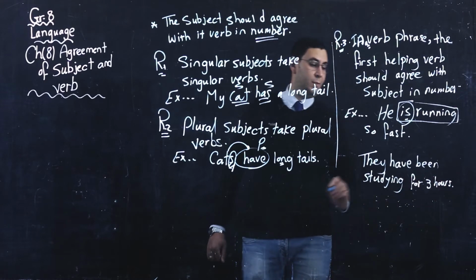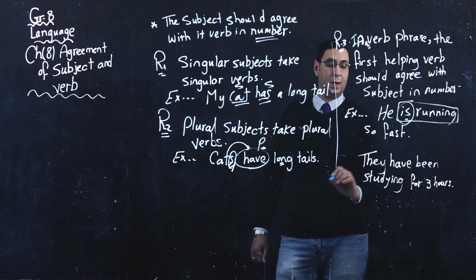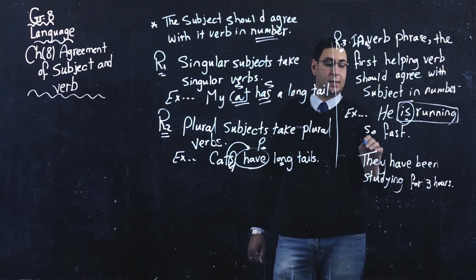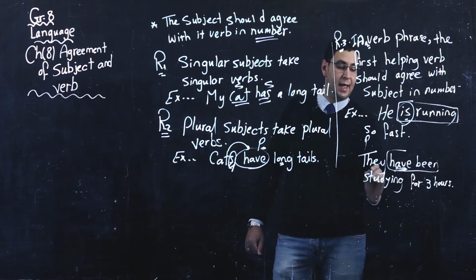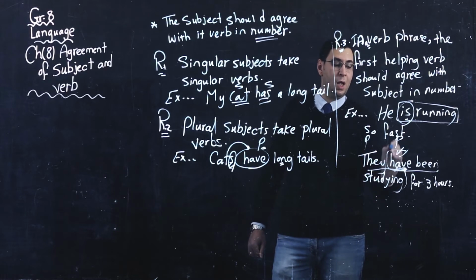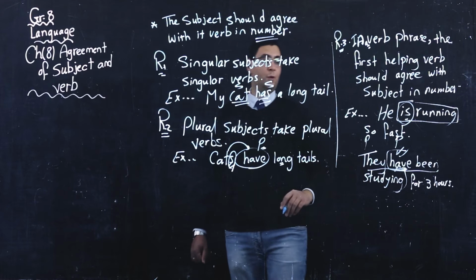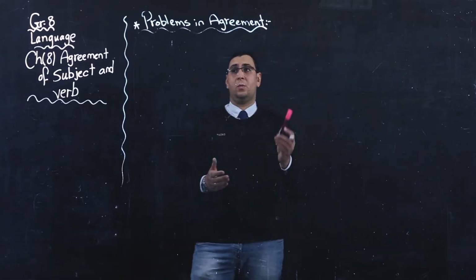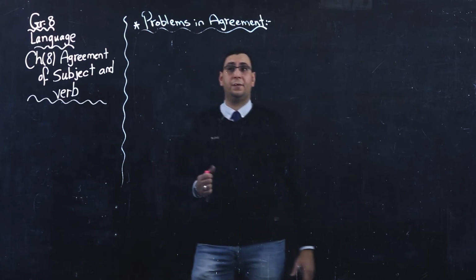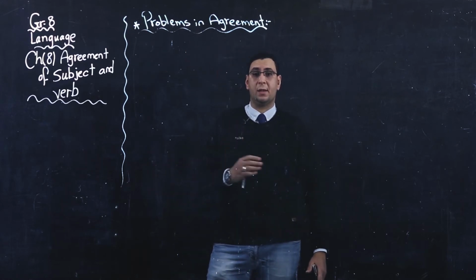The same example, but here the subject is the plural pronoun they, and the first helping verb in the verb phrase, have been studying, the first one only agrees with the subject, so we choose the plural form of the verb, which is the word have.